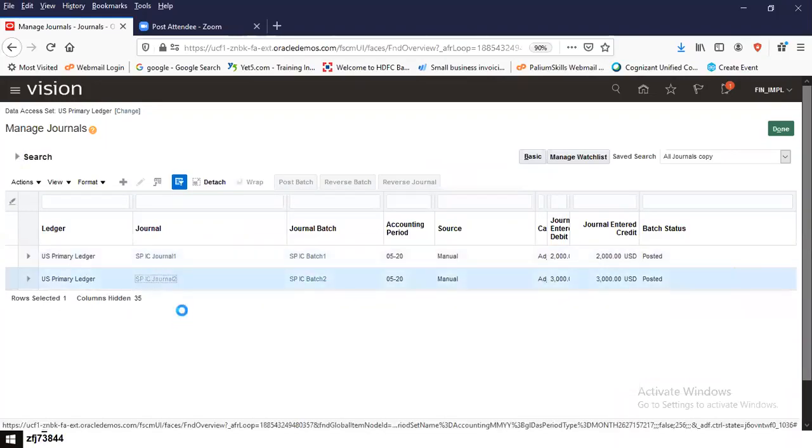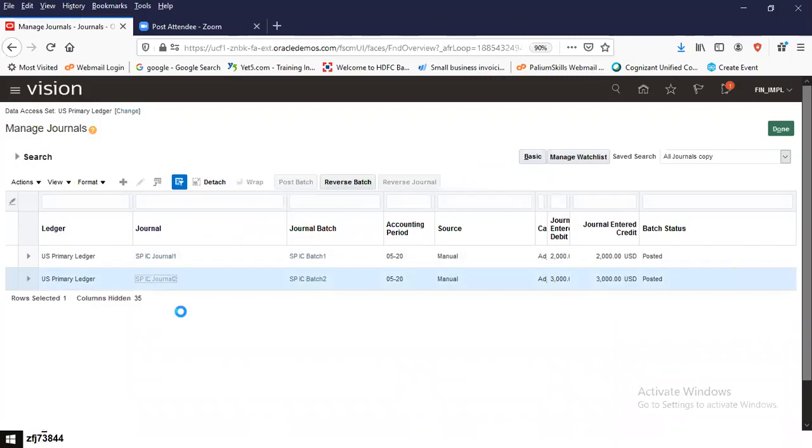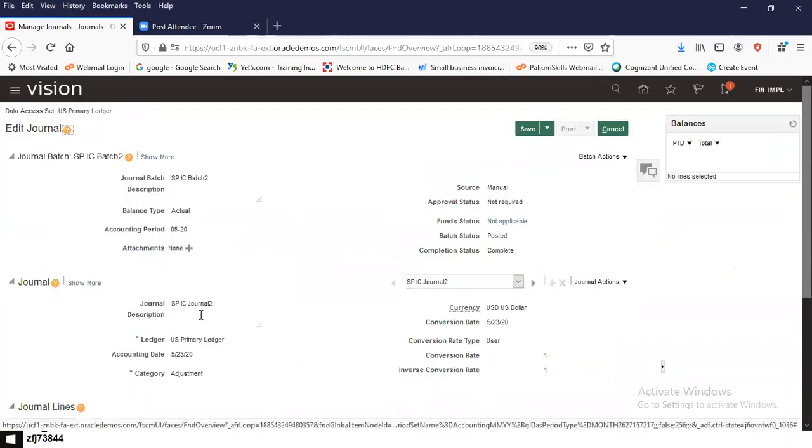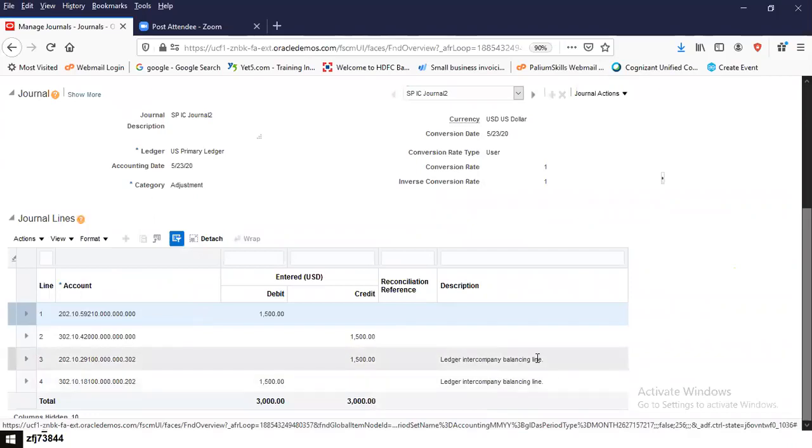Now, if you look at this IC journal 2, in this particular case the description tells you at what level it has balanced it. It is at the ledger level. Why ledger level? Because our ledger was the same, the US primary ledger, but the two corresponding companies were different.